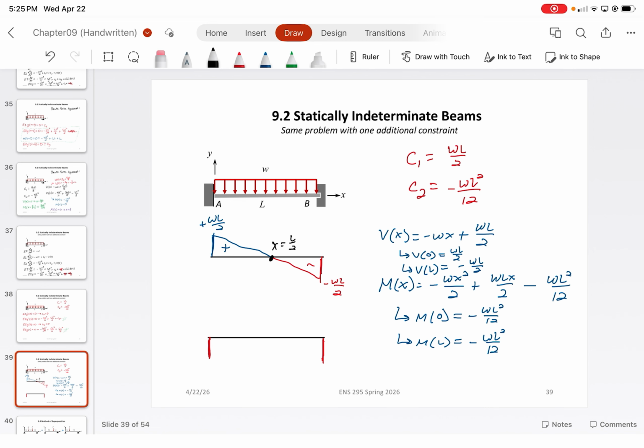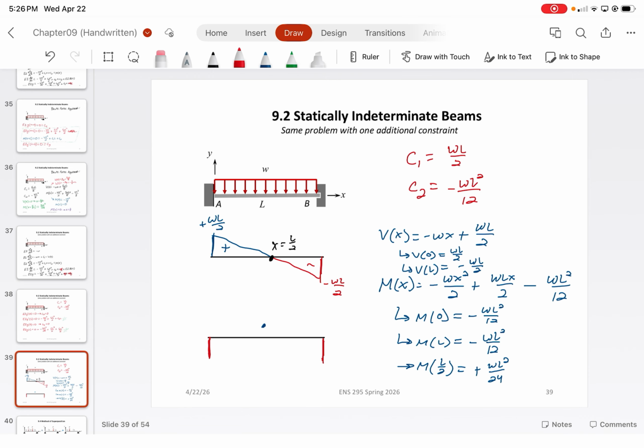So let's do that. So m at x equals L over 2, when you plug that in, you will find that the bending moment is positive wL squared over 24. So that puts us around here.